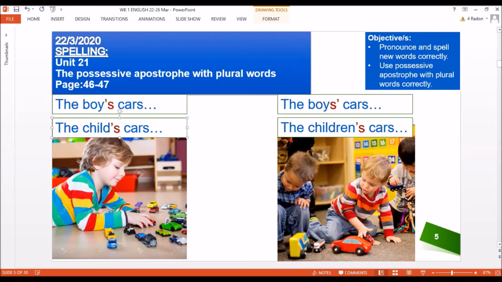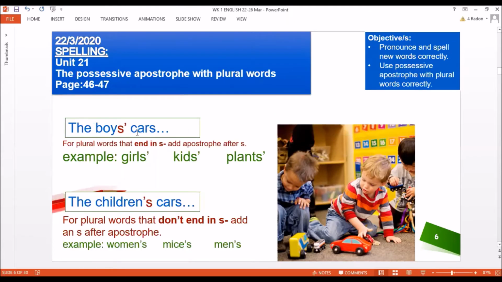Now let's focus on these two examples. The boys' cars, the children's cars. What do you notice? What is the difference between the two examples in terms of the location of the apostrophe?